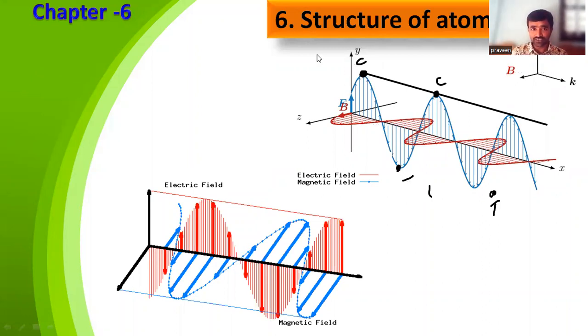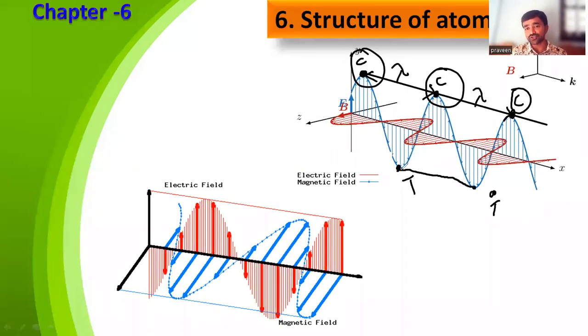So where you have a crest here and the next one here, this gap between them is called the wavelength, lambda. For any successive crests, lambda, or any successive troughs, lambda. So this is actually wavelength.